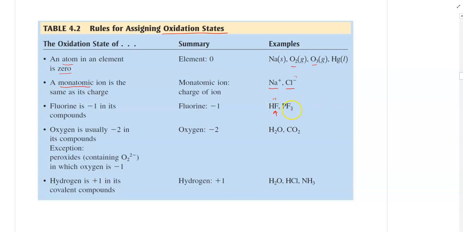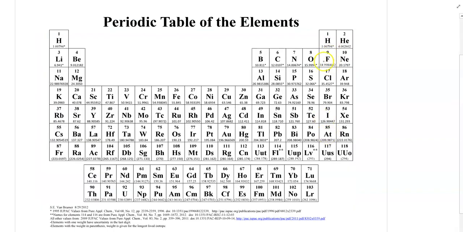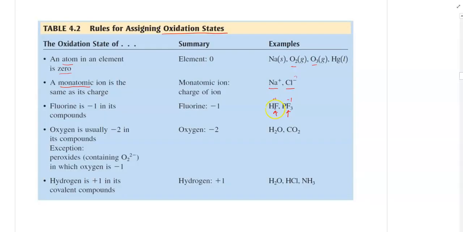And then PF3, same idea: because fluorine is in a compound, it's going to have a -1 oxidation state. That is also consistent with what we know before. If we look at a periodic table, fluorine is in this group, so we know elements in this group, when they become ions, are -1s. But also notice we're talking about this being an ion. If I scooch back over here, this is not acting as an ion. These are nonmetals.